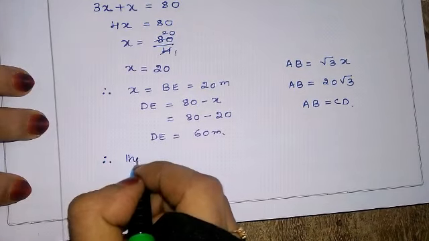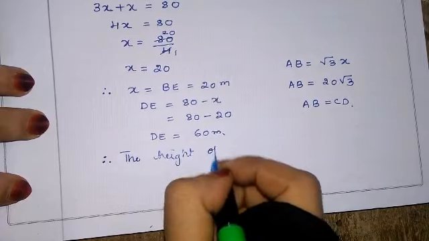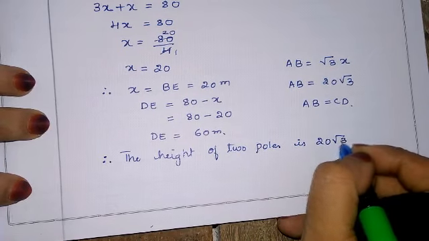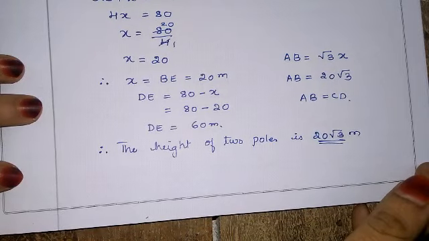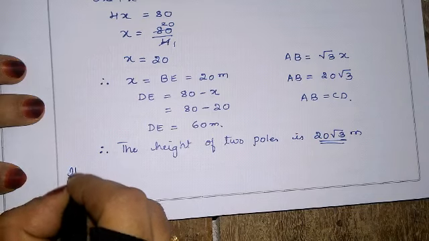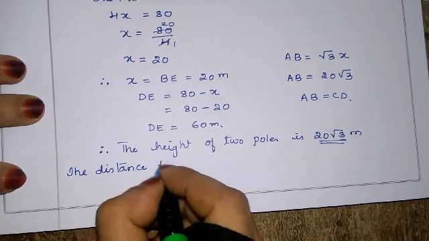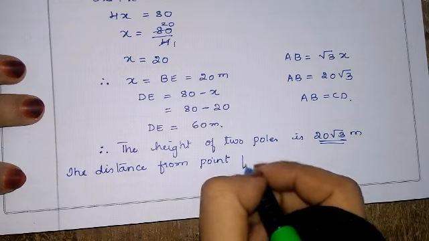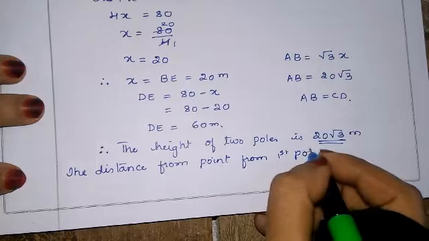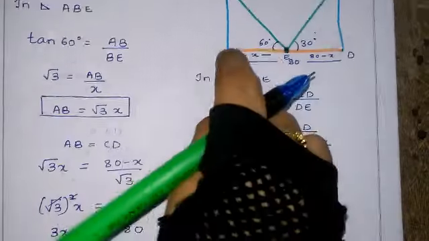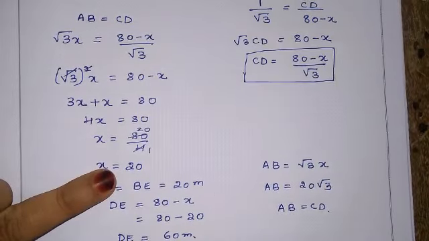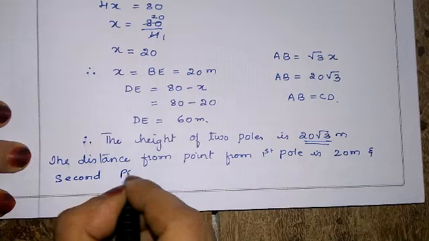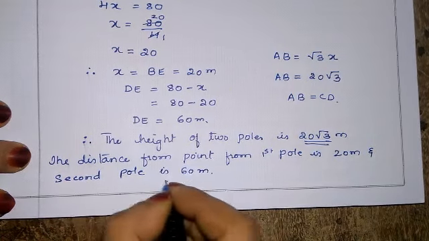The height of the two poles is 20 root 3 meter, and the distance of the point from the first pole is x, that is 20 meter, and from the second pole is 60 meter. So this is the answer.